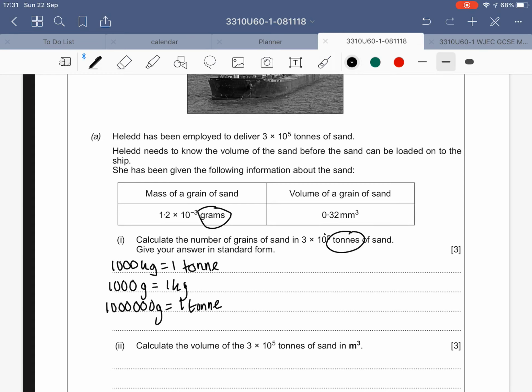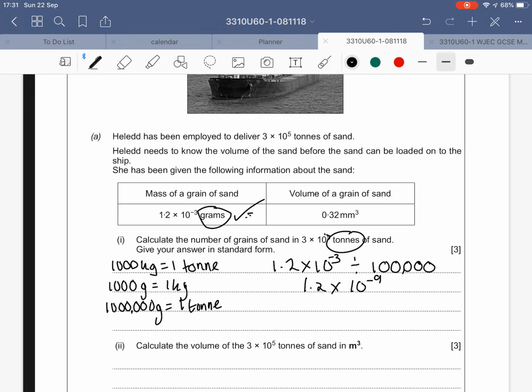So before you divide these two numbers, you want to put this into tons. So take your 1.2 times 10 to the minus 3 and divide it by 1,000,000. Is that 1,000,000 or is that 10 million? 1, 2, 3, 1, 2, 3, yeah, it's 1,000,000. And you come out with 1.2, basically add in 6 more zeros, so it's minus 9.